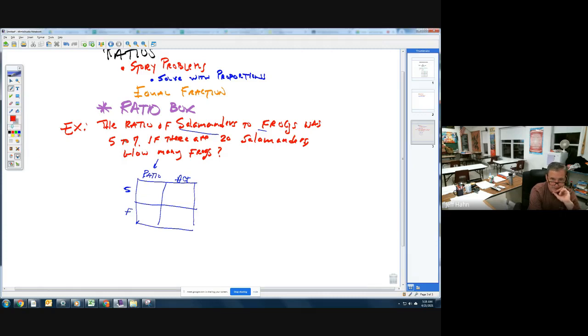It told me at the beginning that the ratio of salamanders to frogs was 5 salamanders to 7 frogs. Then it said if there are 20 salamanders, I want to know how many frogs there are. So there's my question mark. Here is your ratio box.